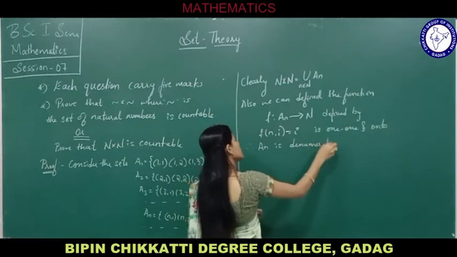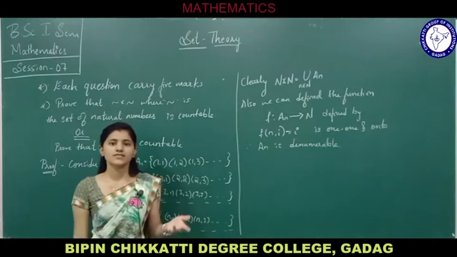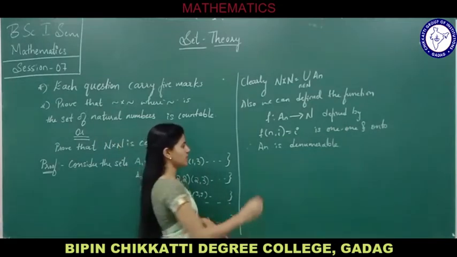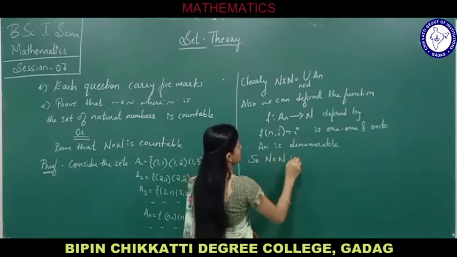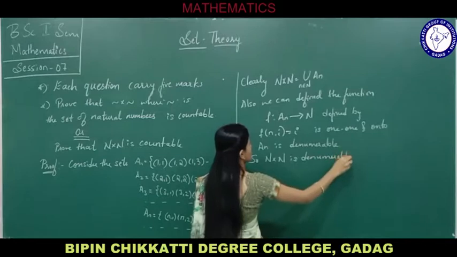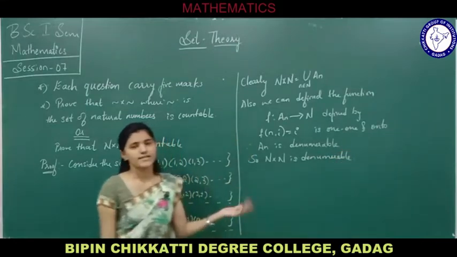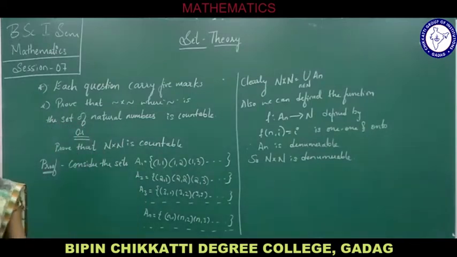If an is denumerable, then what do we say? So N cross N is also denumerable. An is denumerable, N cross N is denumerable.